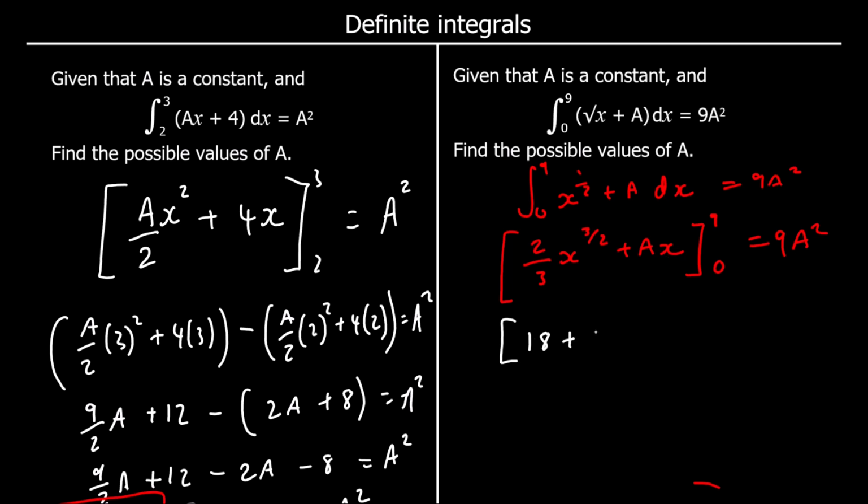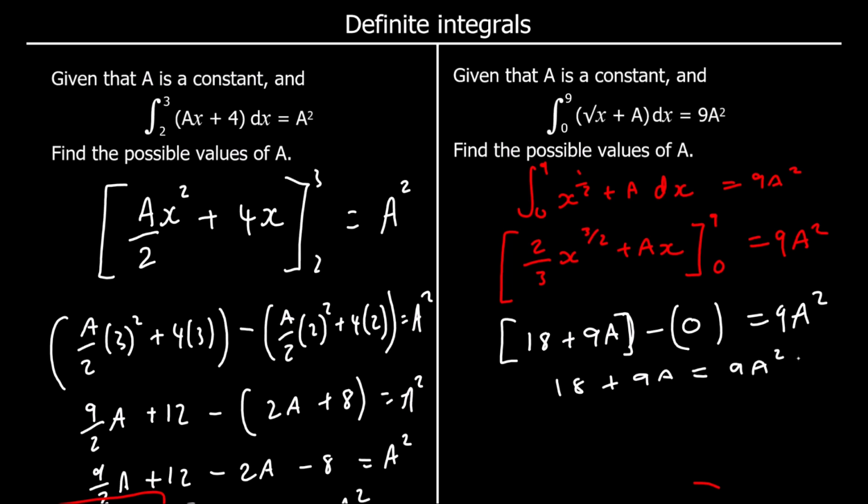Plus ax, 9a, minus 0 equals 9a squared. So I've got 18 plus 9a equals 9a squared. I can divide through by 9. So 2 plus a equals a squared.